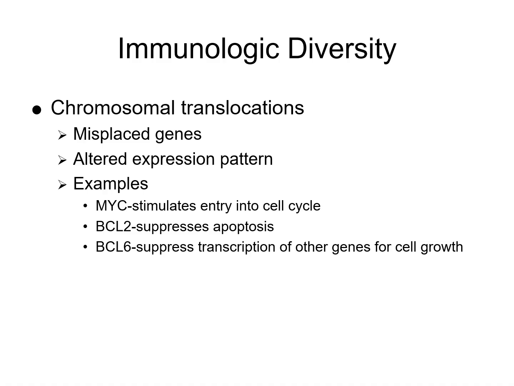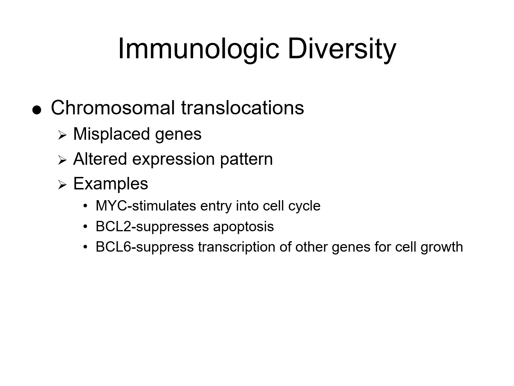As examples, we have MYC, which normally stimulates cells to enter the cell cycle. When dysregulated, it drives uncontrolled cell proliferation. BCL2 functions to suppress apoptosis, which is programmed cell death. Overexpression can lead to increased cell survival by preventing normal cell death.